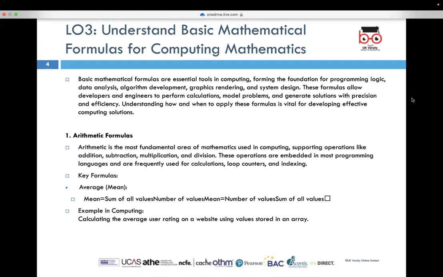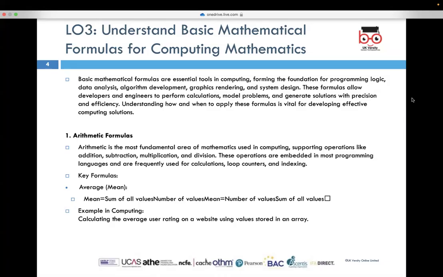These formulas allow developers and engineers to perform calculations, model problems, and generate solutions with precision and efficiency. Understanding how and when to apply these formulas is vital for developing effective computing solutions.